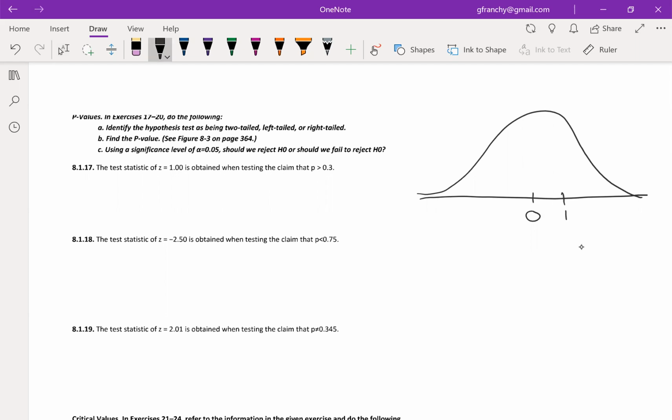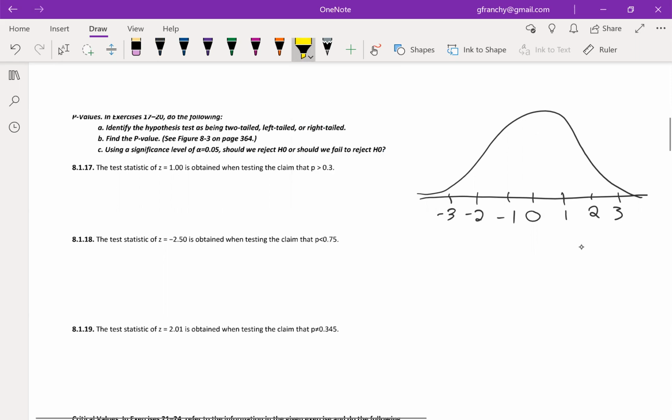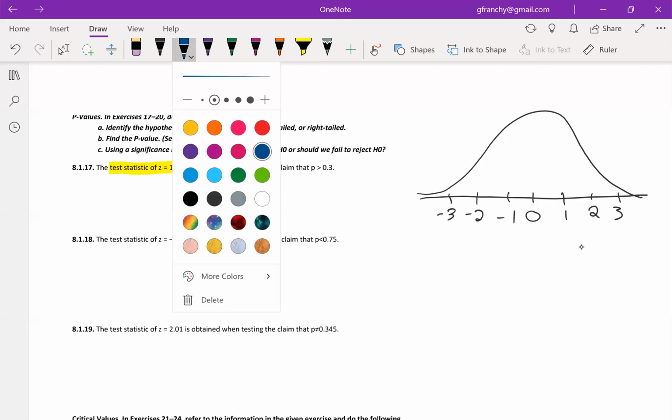But if we were to put in our standard normal distribution here, what the test statistic represents, and here is the test statistic. So that's what we had computed in our last set of examples.